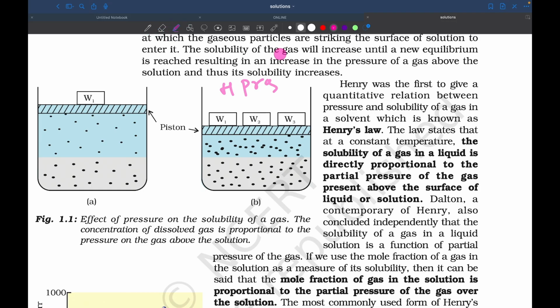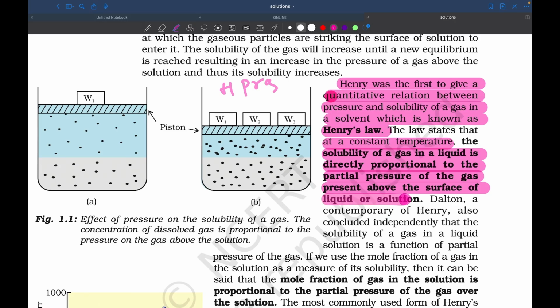Okay. So Henry was the first to give a quantitative relationship between the pressure and solubility of a gas in a solvent, which is known as Henry's law. The law states, at constant temperature, the solubility of a gas in a liquid is directly proportional to the partial pressure of the gas present above the surface of the liquid or solution.